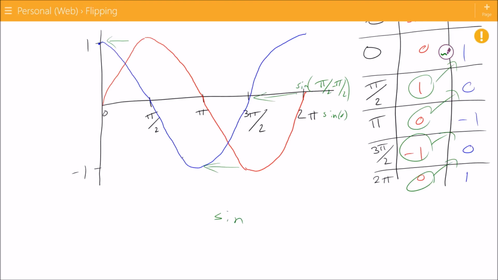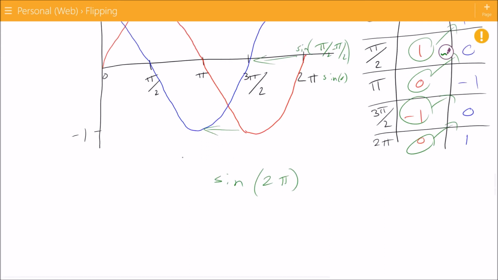Cosine's even. Let's do the sine of 2 pi.